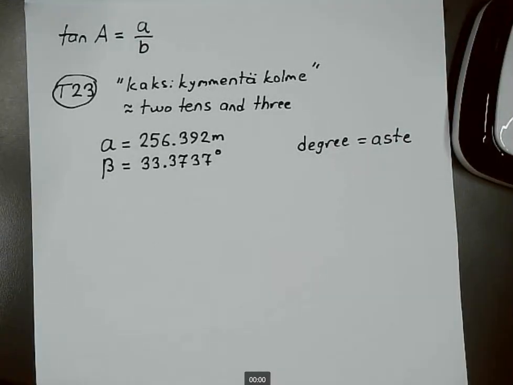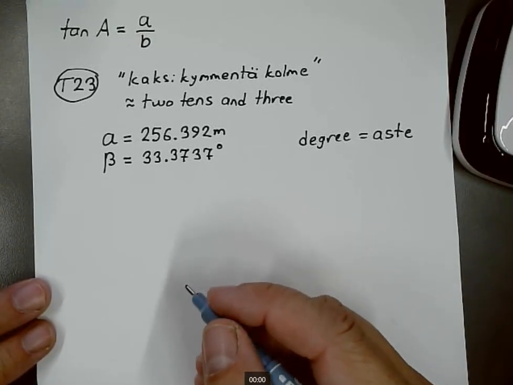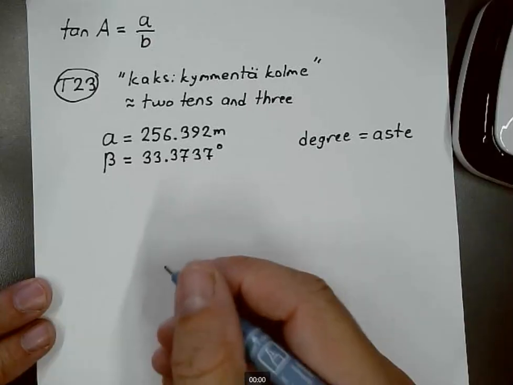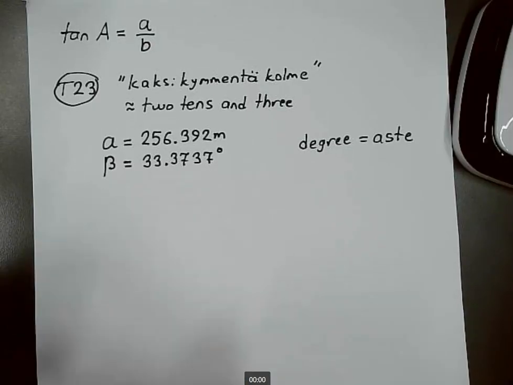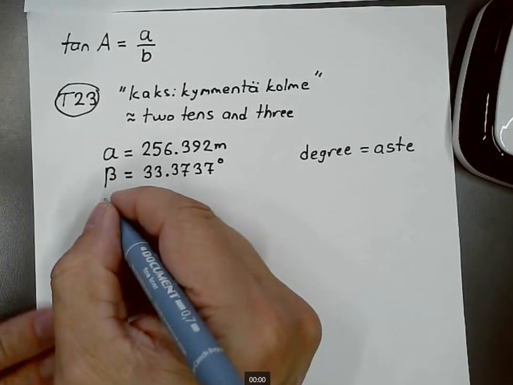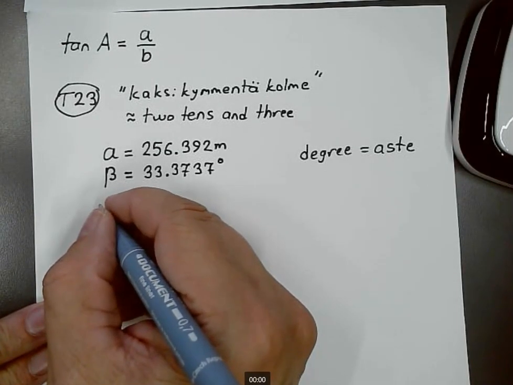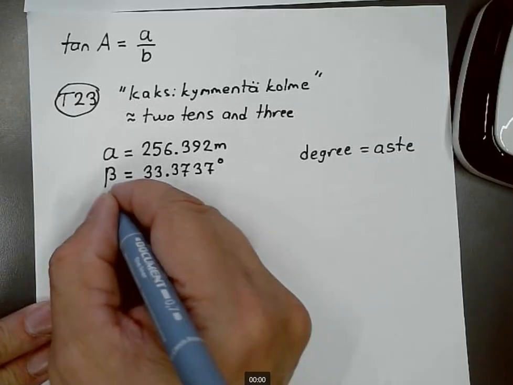Degree is the same as aste in Finnish. Now we should calculate B.